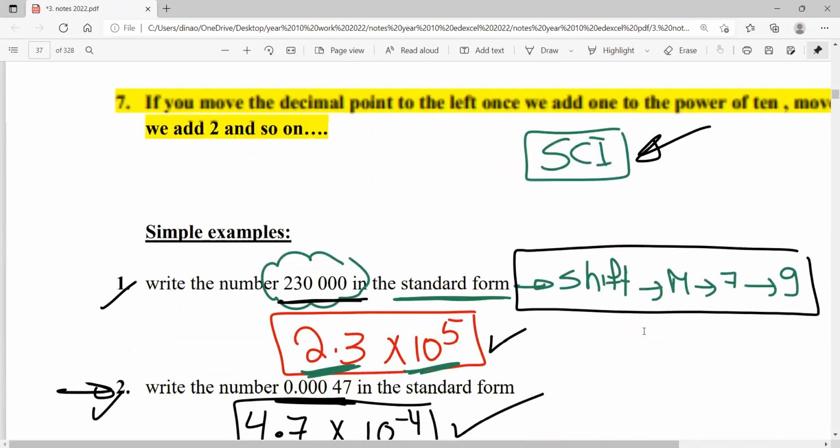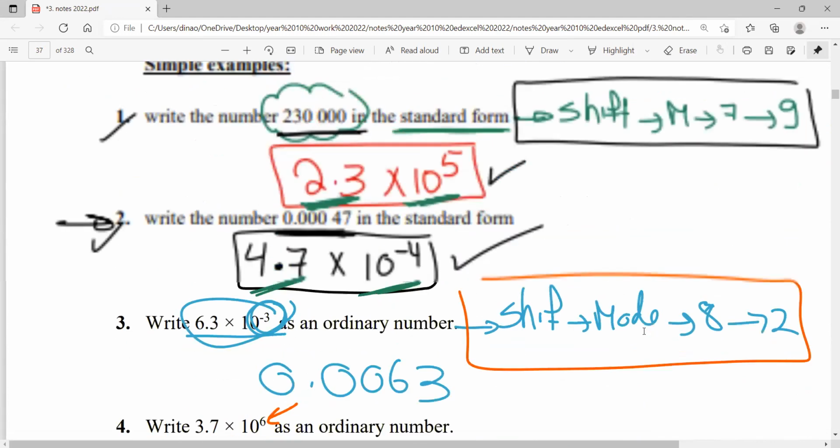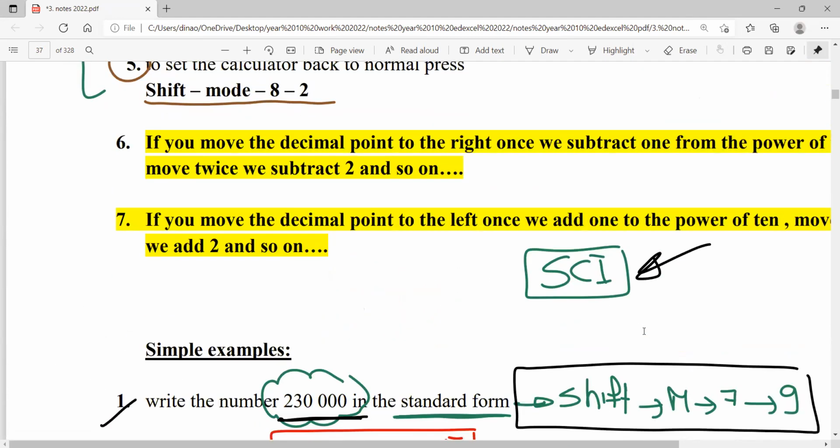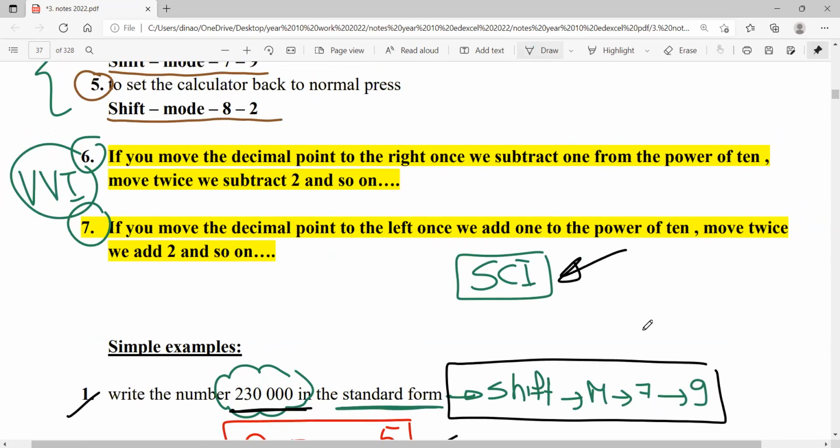So let's go back to the notes, page number 36, and look at these two highlighted, very very important notes, 6 and 7. If I move the decimal point to the right I subtract from the power of 10. If I move it once I subtract 1, twice I subtract 2, 3 times I subtract 3, and so on.